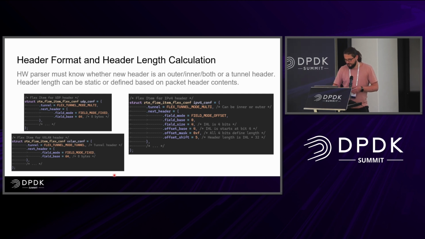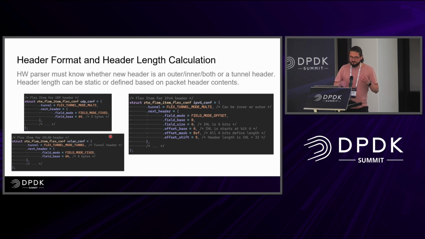So for example, here I use the standard headers as examples of how they could be defined in the Flex API. Here we have the UDP header, which is defined as mode multi, which means that it can be either an outer or an inner header, and the IPv4 header, which can be the same way. We also have VXLAN here, which obviously can only be a tunnel header.